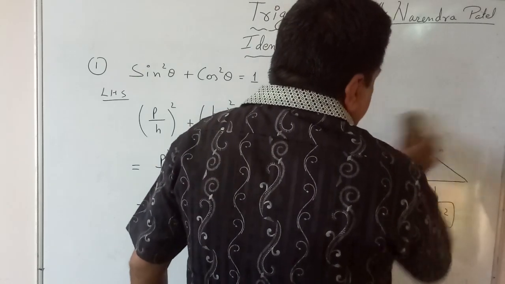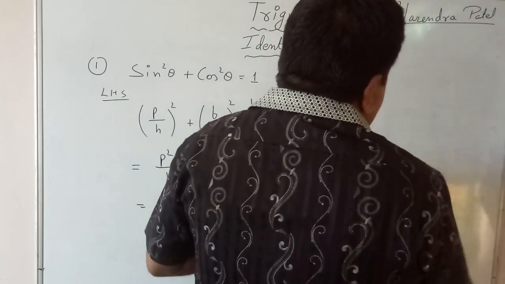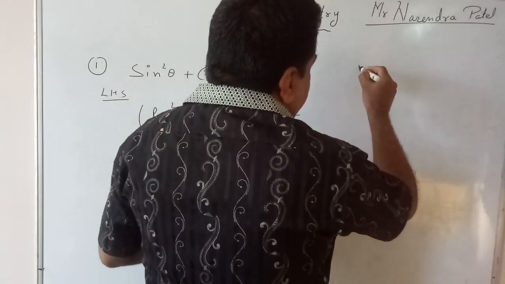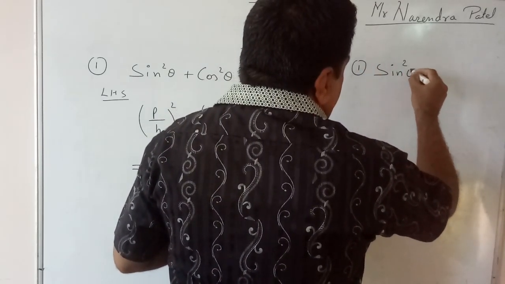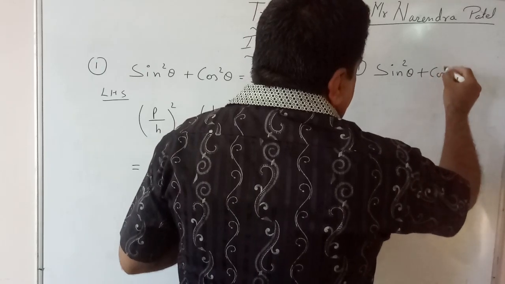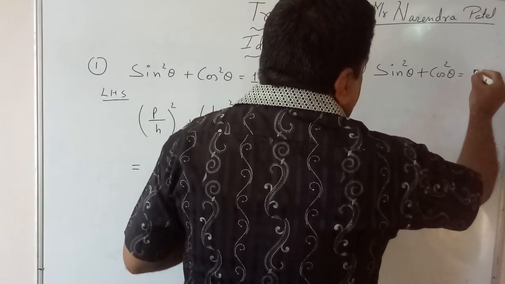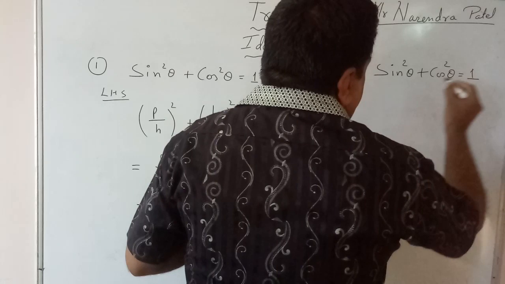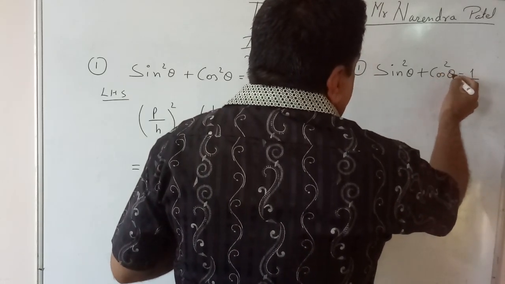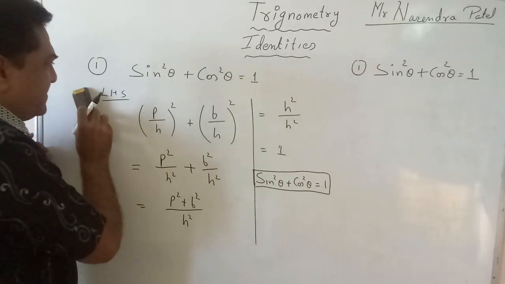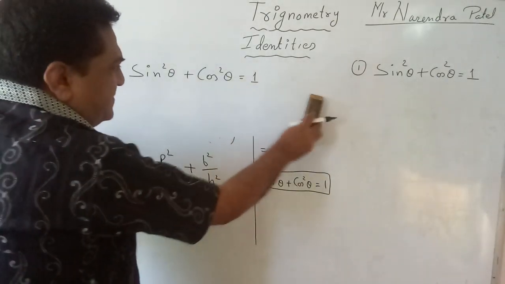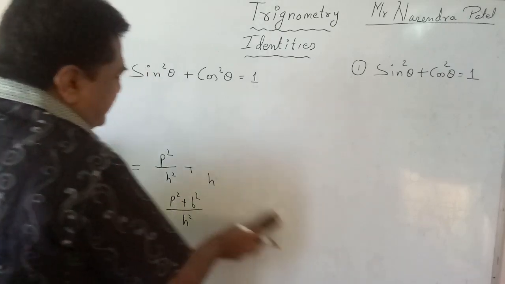Let me write the first identity here so that it will be useful for us. The first identity is sin square theta plus cos square theta is equal to 1. This we have proved. Now from this identity, two more identities also arise.